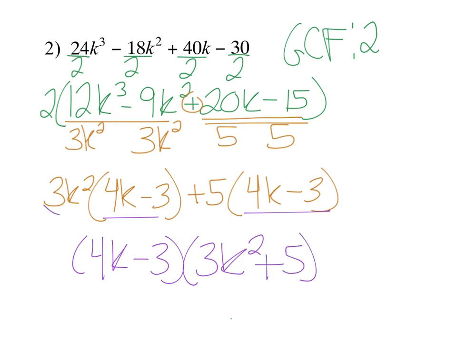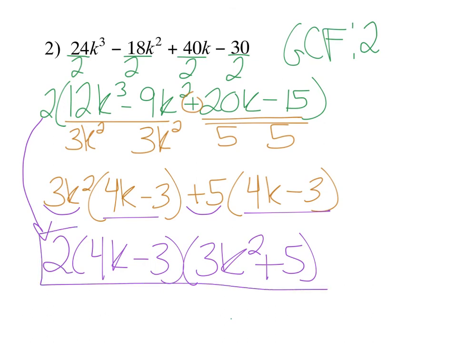The big thing that gets a lot of people is don't forget about the 2, because that's part of your answer. And I always draw that big arrow there to remind myself. So that is your final answer. And again, if you wanted to check it, you would FOIL these two together, or use the box method if you prefer, and then you would distribute the 2 to it.